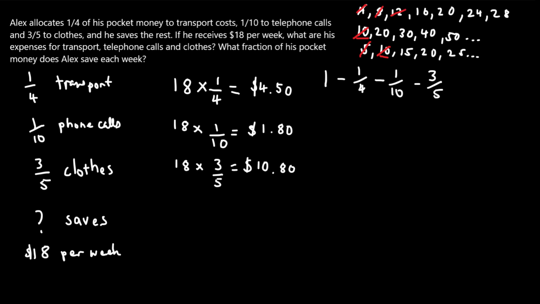Next up we've got 16, 20, or 15. 15's no good, and 16's no good either. And that leaves us with 20. So our lowest common denominator is going to be 20. So I can make all of these into something over 20.